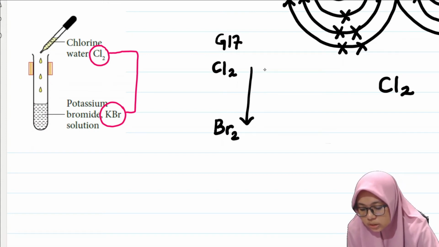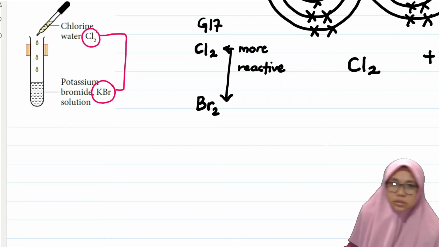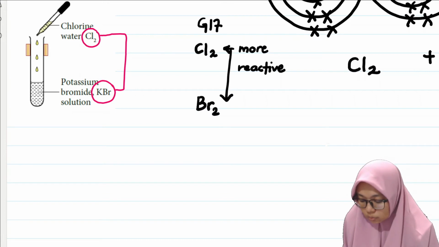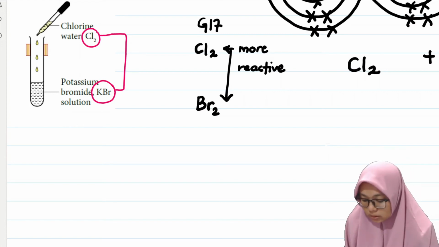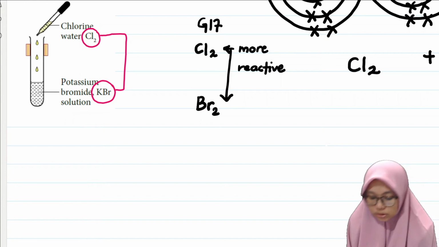So chlorine is more reactive than bromine. So in this reaction we have potassium bromide and also chlorine water. So chlorine water is added into potassium bromide solution. You can refer to the textbook to look at the procedure.